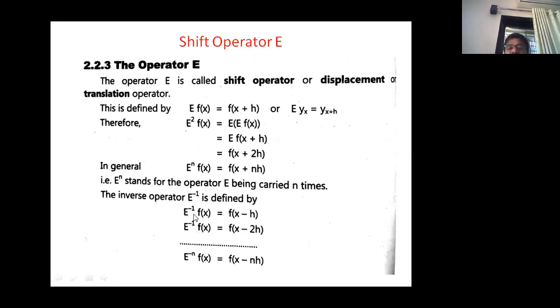E raised to minus 2 means shift the point to the left, that is, the previous 2 points. So in this way, E raised to minus n f(x) is f(x-nh). That is, shift the point to the left n points.